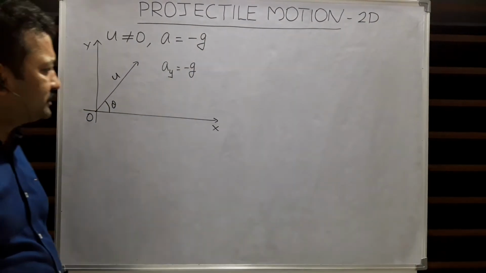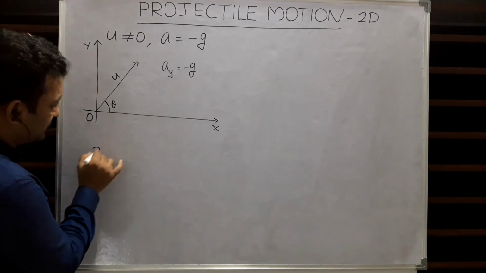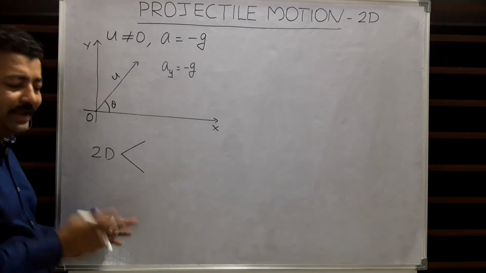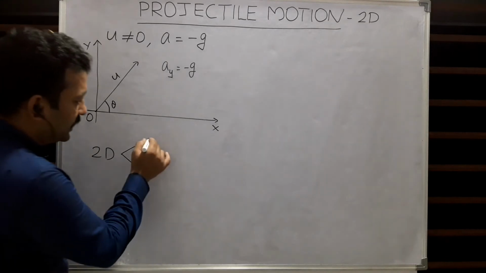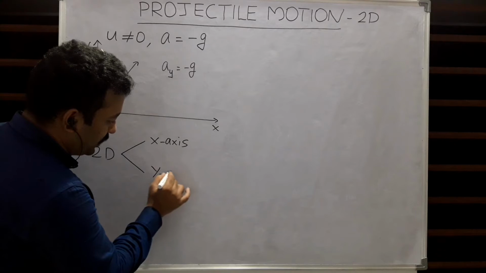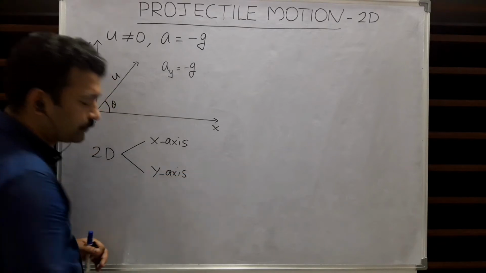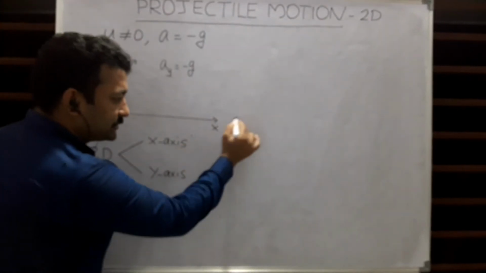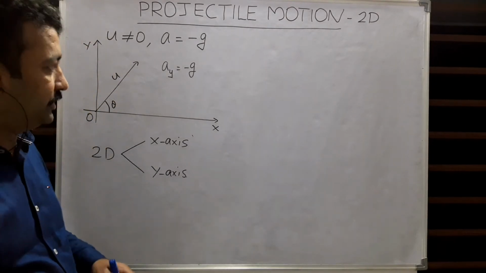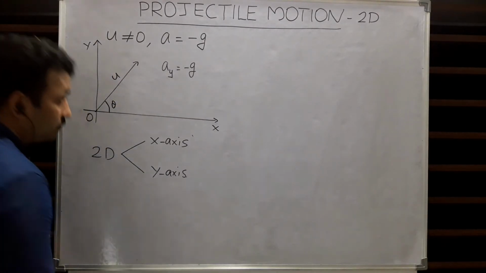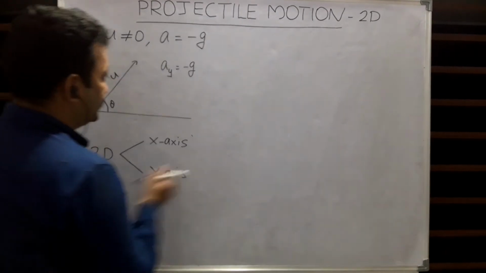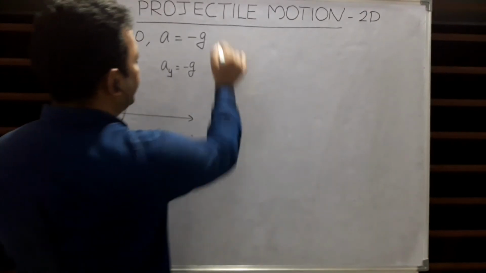For me, it is always convenient, if there is a two-dimensional motion, to break that into two independent one-dimensional motions: one along the x-axis and the other along the y-axis. If you are able to solve the x-axis problem and the y-axis problem, the projectile will be very easy to understand. So for convenience, I am breaking this into columns.